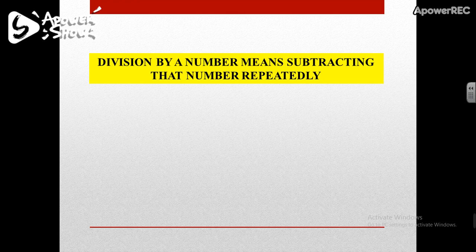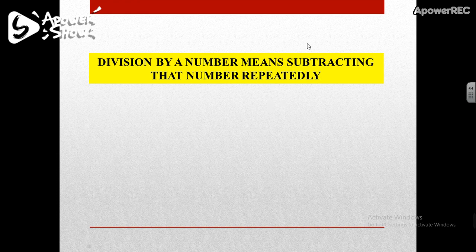Why are we doing this? To understand this, we have to first understand the meaning of division. Division by a number means subtracting that number repeatedly. Just like multiplication. Multiplication is also known as repeated addition. Similarly, division is also known as repeated subtraction.